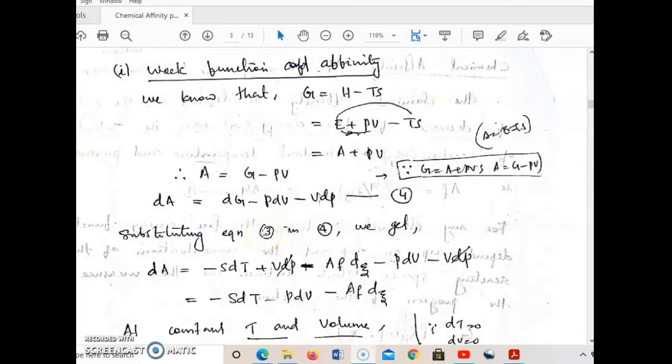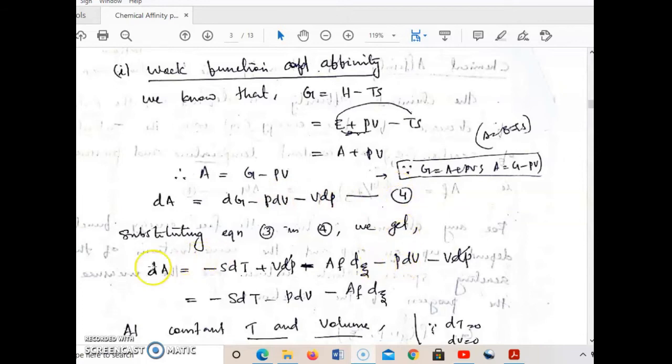Equation 3 related dG: dG is equal to minus S dT plus V dP minus AF dθ. So instead of dG in equation 4, we can substitute equation 3, minus S dT plus V dP minus AF dθ, and then we have minus P dV and minus V dP terms remaining in equation 4.